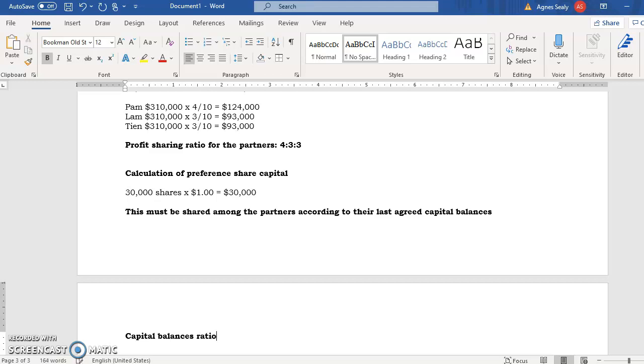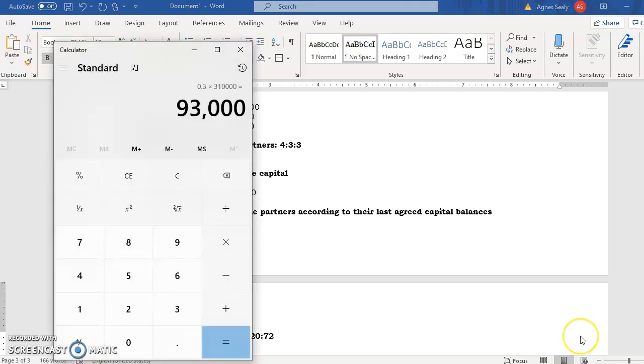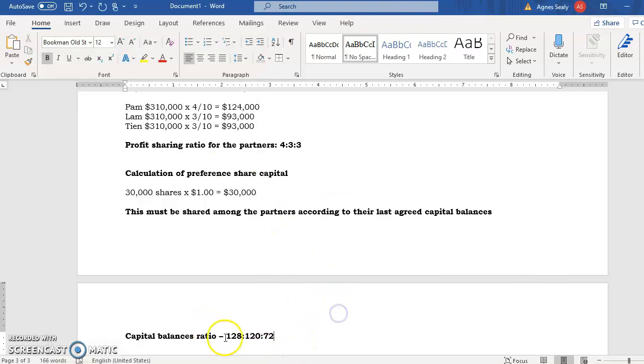If we add those figures together, we get a total of 320, obviously $320,000.